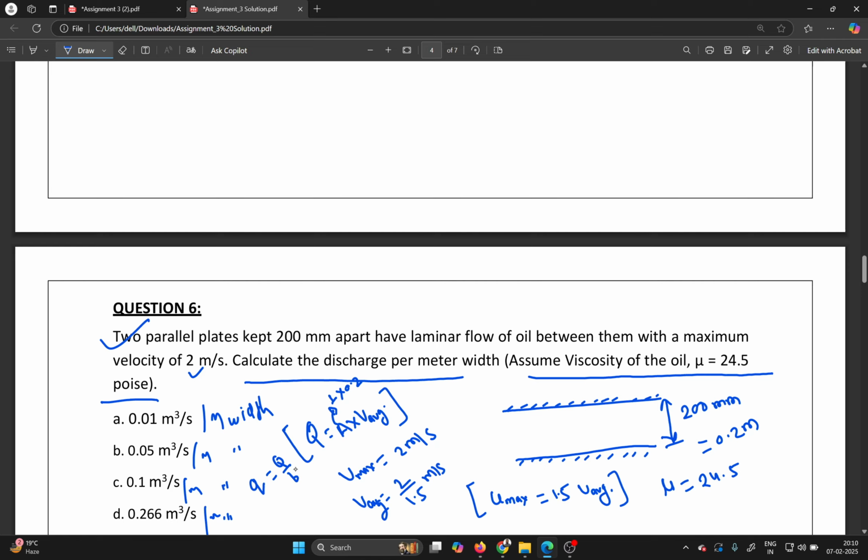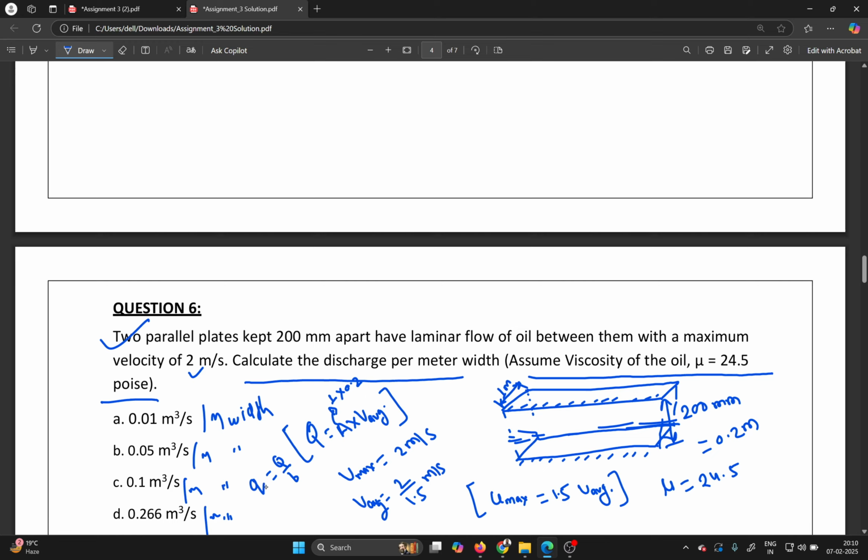So your b is 1, the width value. If the width of the plate is 1, these two plates are like that. Just imagine, the width is 1 meter. Remember, in between, the oil is completely filled.